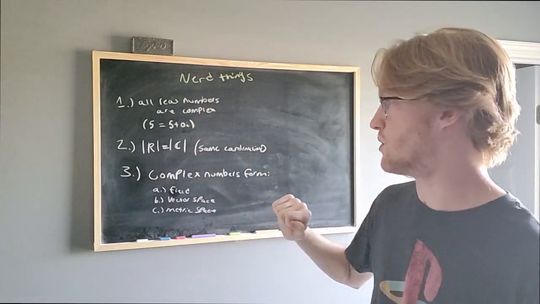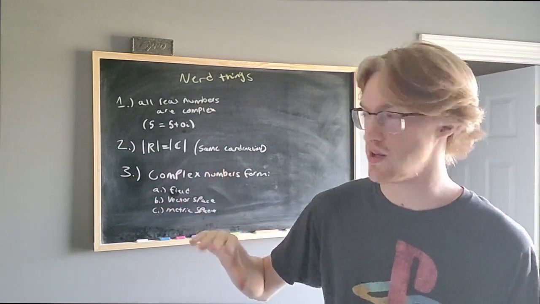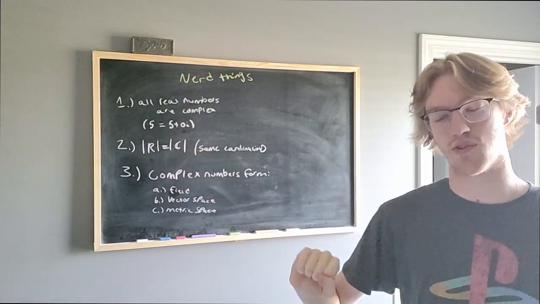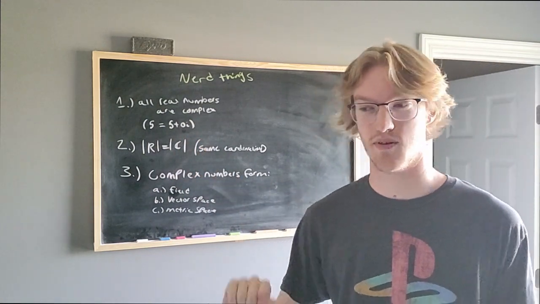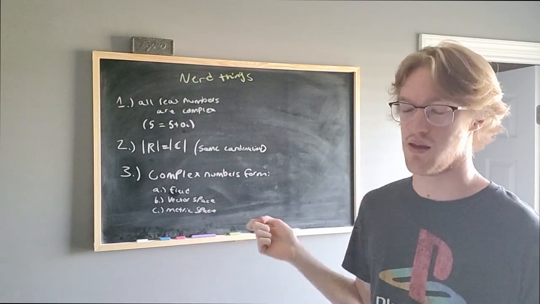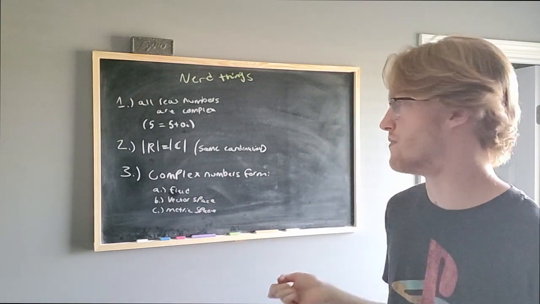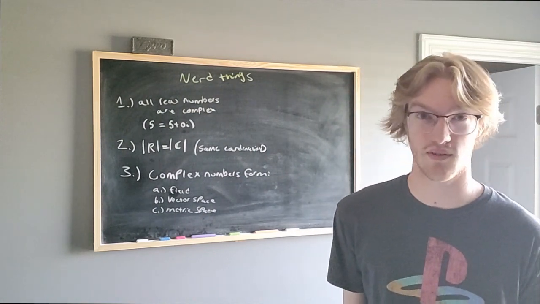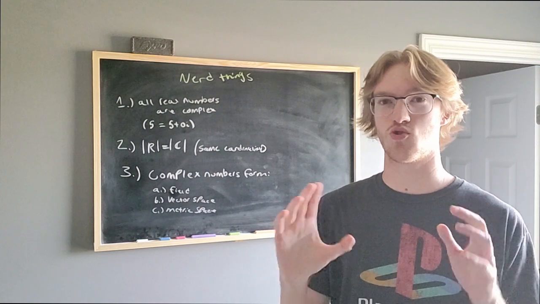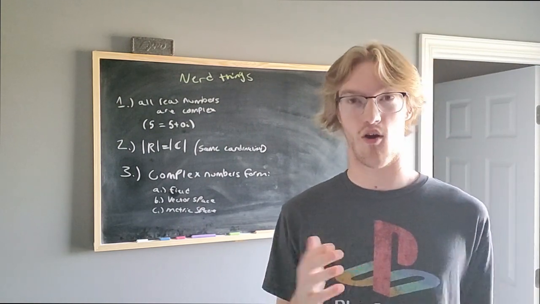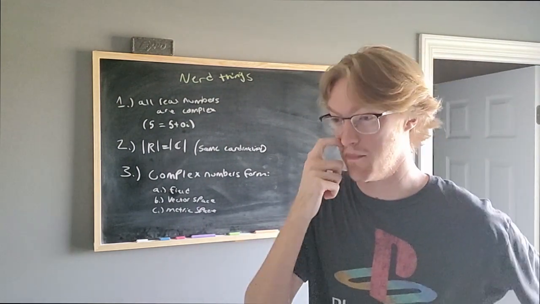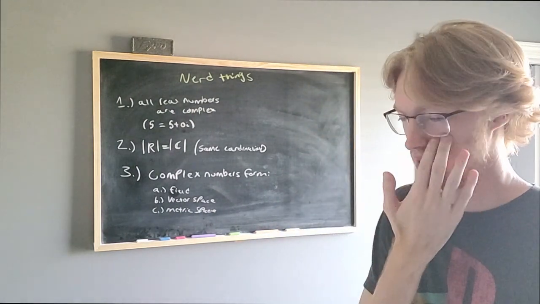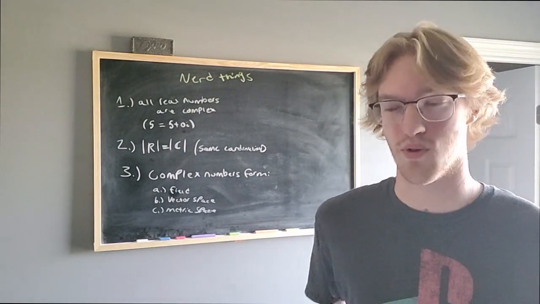Going off from that point, getting a little technical here: the cardinality of the real numbers is the same as the cardinality of the complex numbers. What does that mean in not gibberish? It means there's the same number of complex numbers as there are real numbers. So you can't create more complex numbers than there are real numbers. Which is maybe not too obvious, but is cool nonetheless.